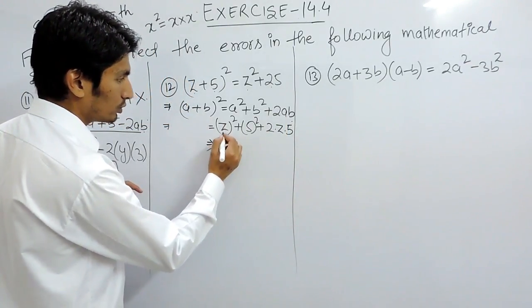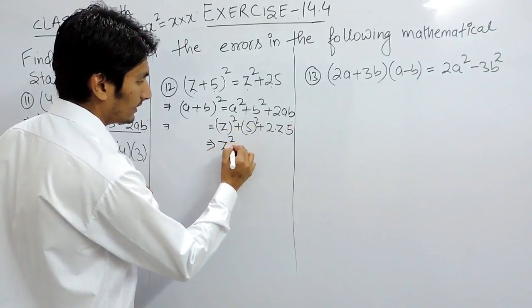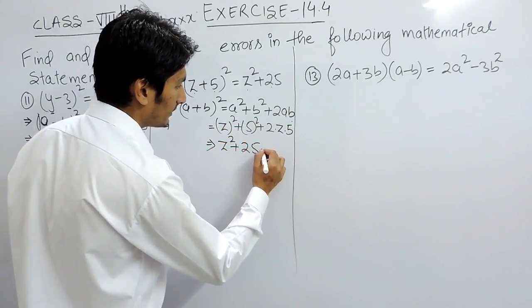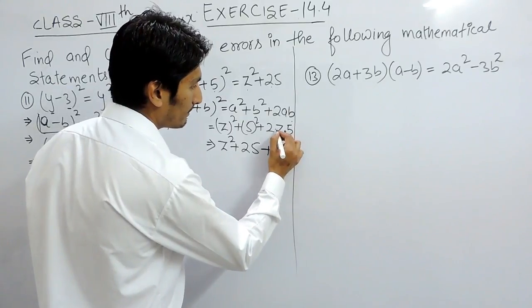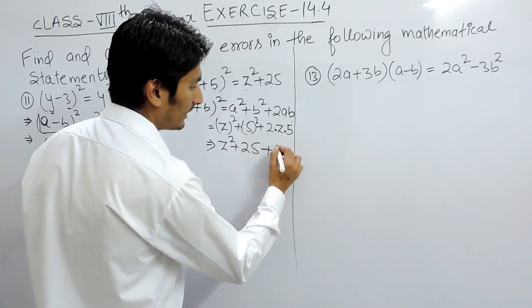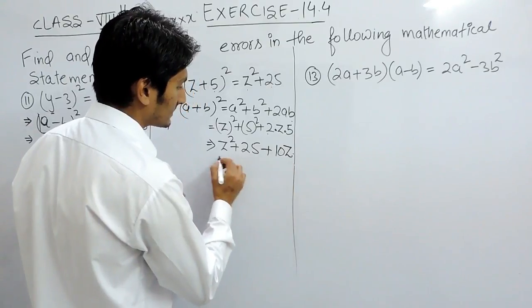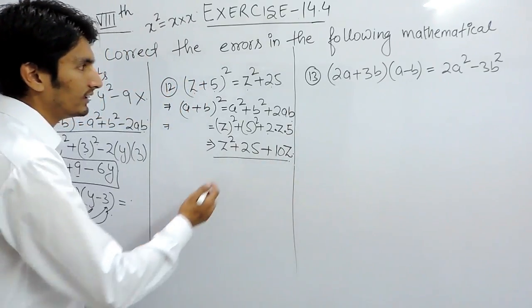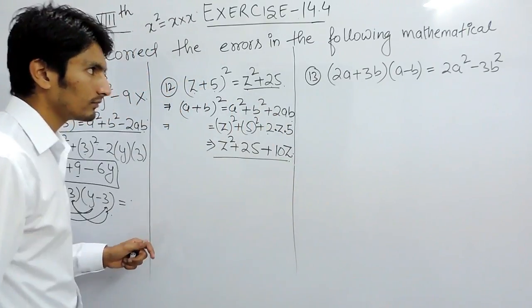This equals z square, 5 square is 25, plus 5 multiplied with 2 is 10, and 10 multiplied by z is 10z. So this should be the answer instead of this.